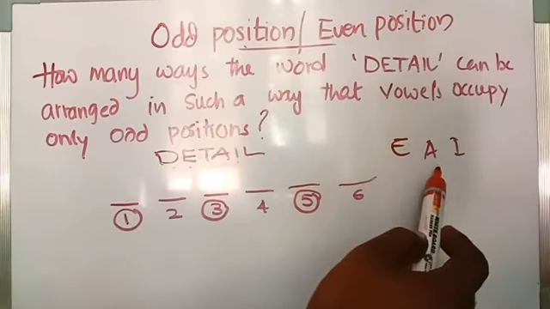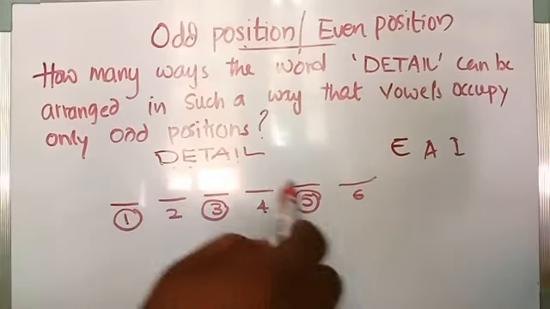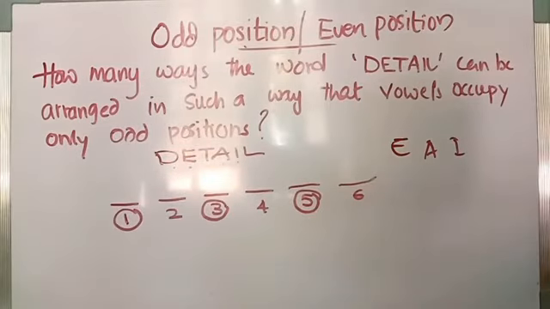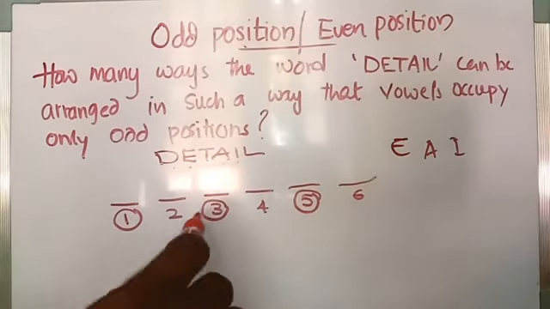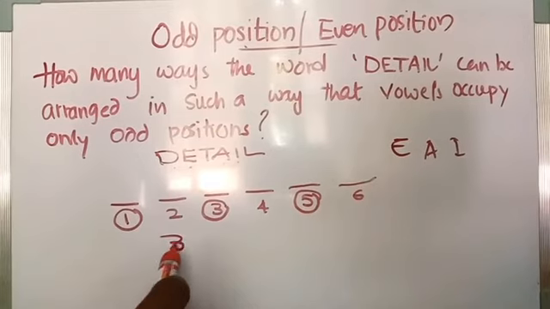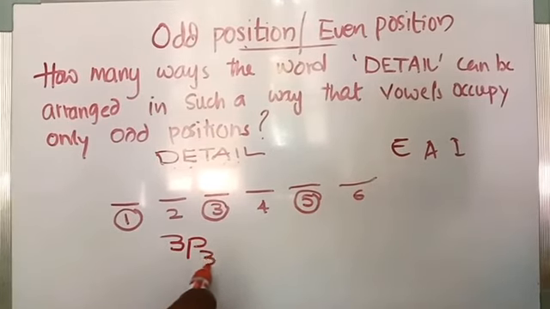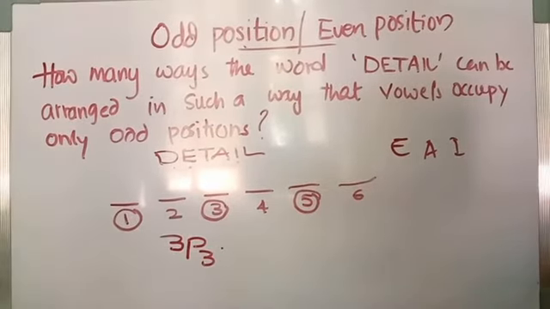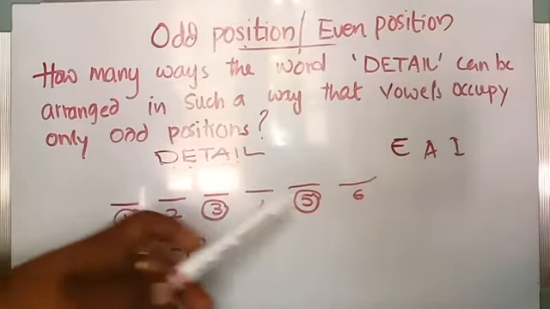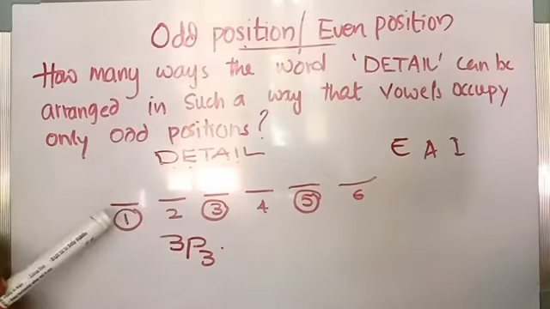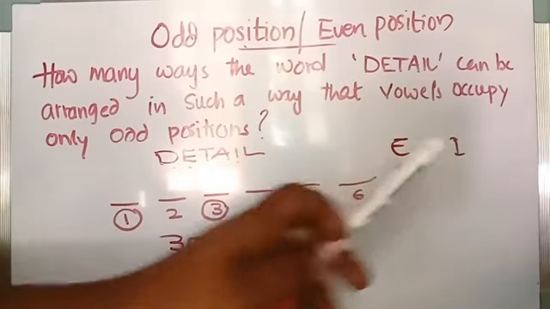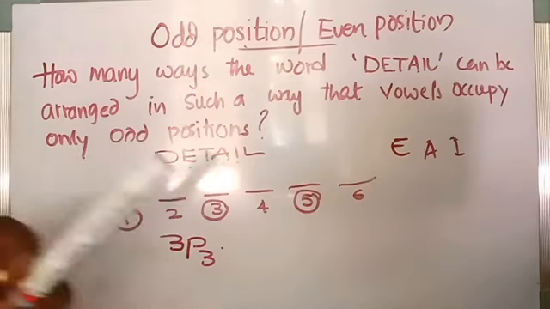There are three vowels to be arranged in three odd places. Isn't it? Can be arranged in how many ways? 3 factorial ways. So we have made the arrangement of vowels now. There are three odd places, 1, 3, 5. Only three odd places and three vowels are there. So it can be arranged in 3 factorial ways.